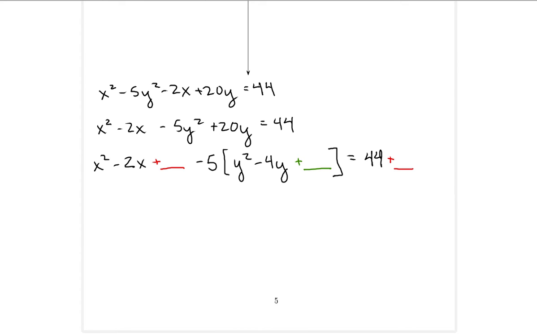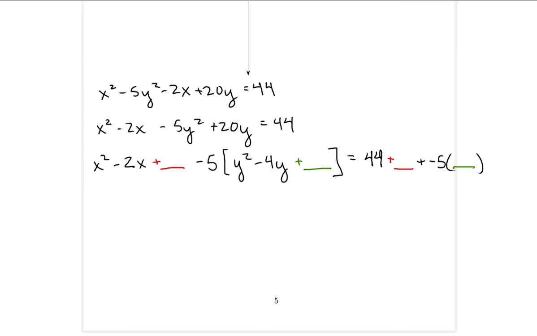So I need to add what's in red there. And we've got to be careful here, we actually have to add, and I'm going to put it like this, plus not just the green blank, but negative 5 times what's in the green blank, right? Because ultimately that gets multiplied by negative 5. So the number that's here is not exactly the same as what you need to add to the right side.